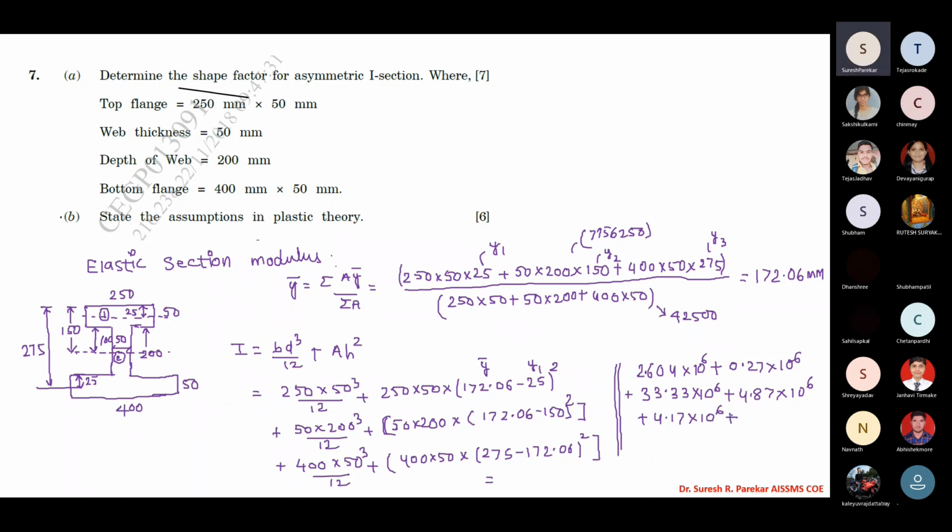And last term 211.93 into 10 raised to 6. And from this we will get value of I.